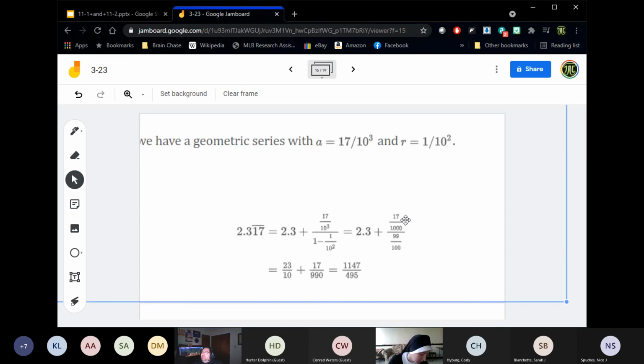If I simplify that fraction down, I get 17 over 990. And 2.3 is 23 over 10. We add those fractions together, and we get 1,147 over 495. If you were to divide that in your calculator, you would get 2.31717171717, and it keeps going on and on forever.